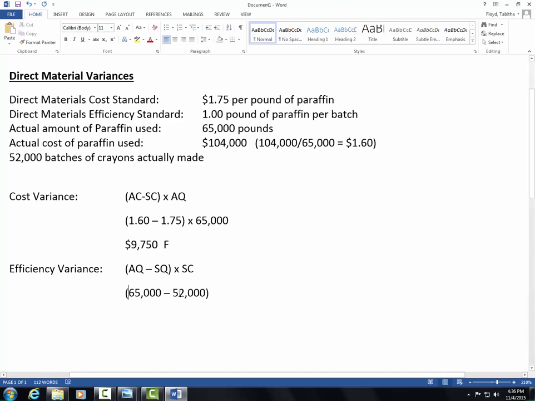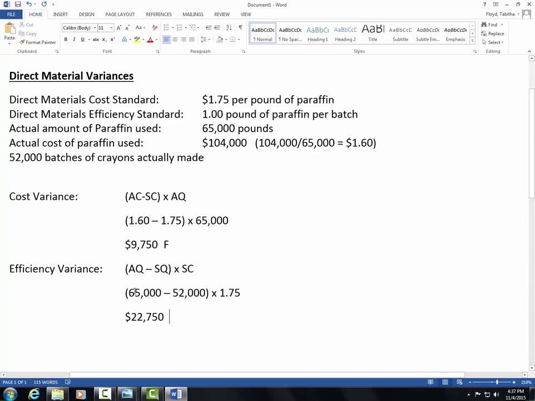So we should have used 52,000 pounds, but we actually used a lot more. We used 65,000 pounds. So we take that difference and multiply by the standard cost. The standard cost is $1.75. So our efficiency variance is $22,750.